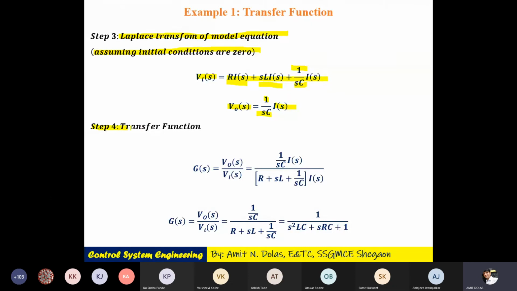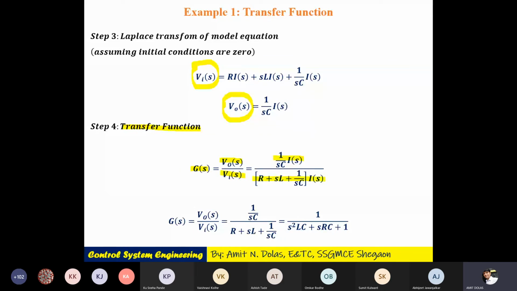The fourth step is the transfer function. The first equation is the input, which is the excitation, and the second is the response or the output. The transfer function is the Laplace transform of the output to the input. So the transfer function G of s will be Vo of s upon Vi of s.